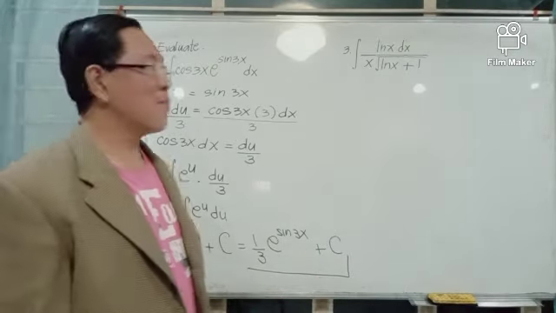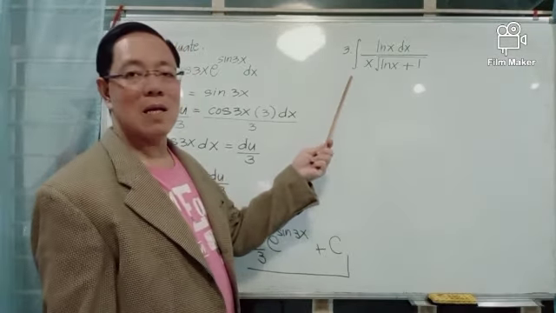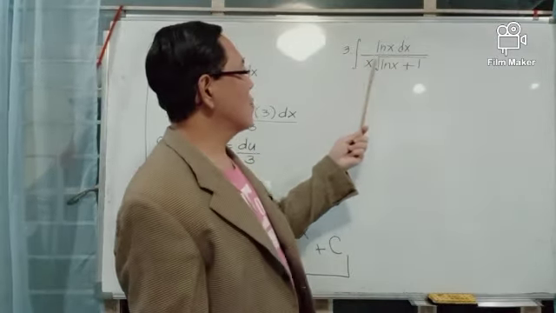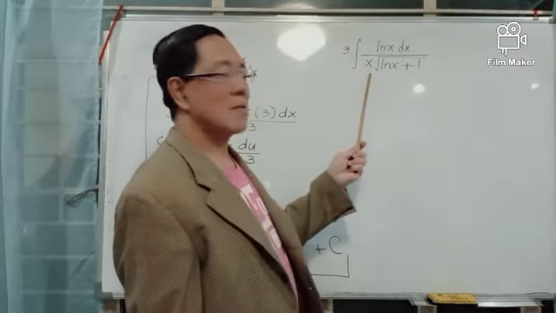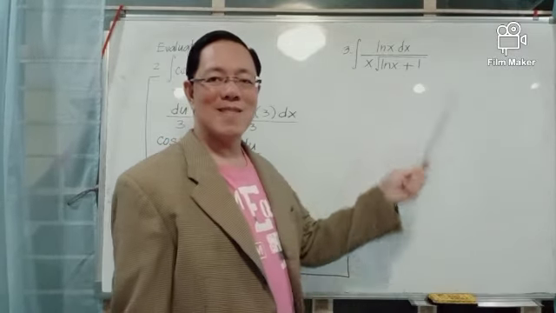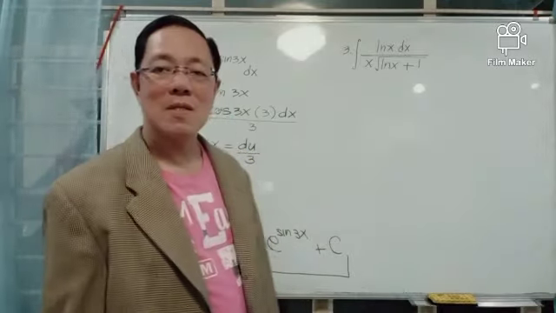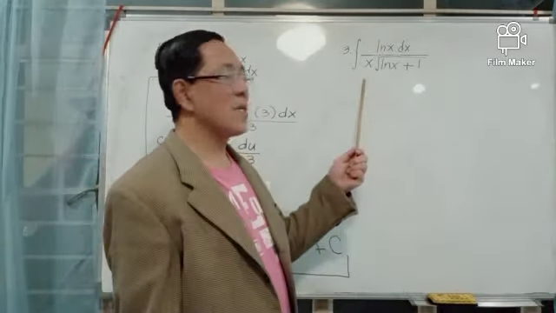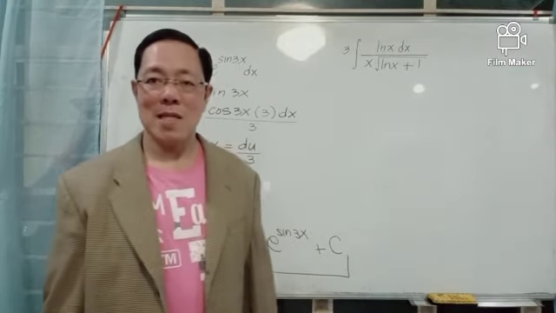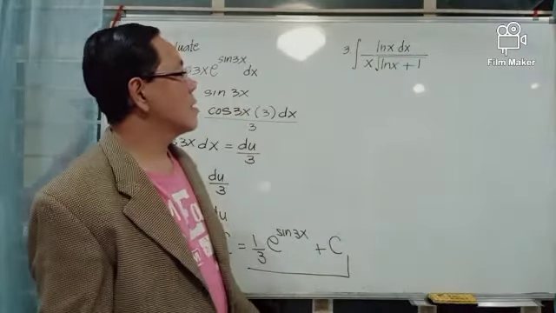Consider another example. For our example 3, we have the integral of ln of x dx over x square root of ln of x plus 1. Again, we will make use of a substitution to transform this integral into an integral that can be integrated using one or more of the integration rules.